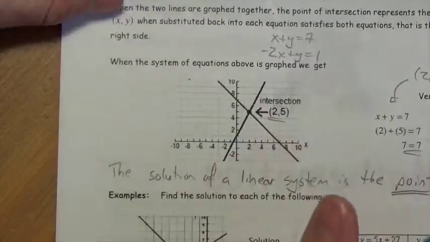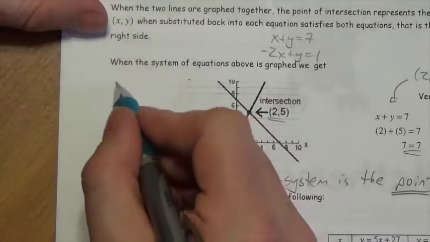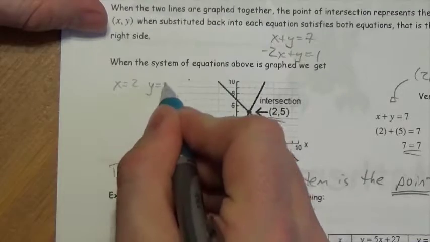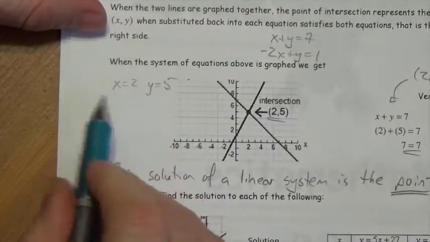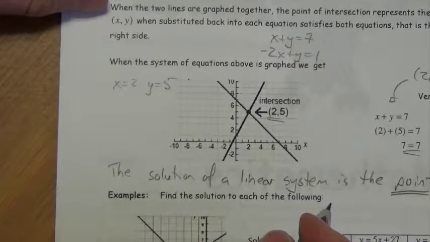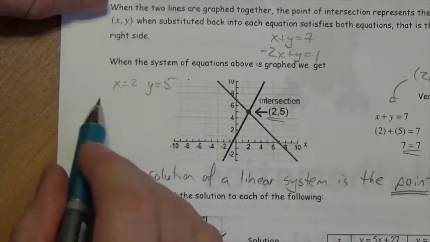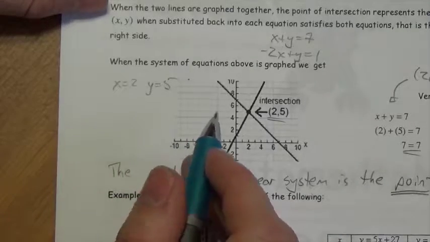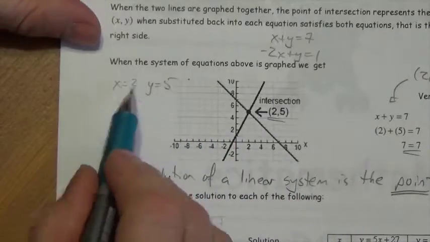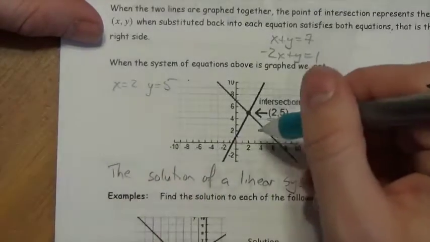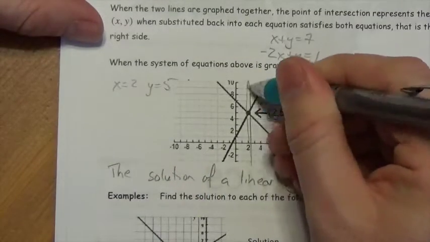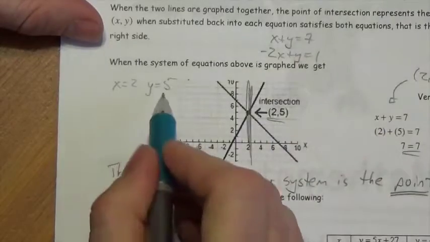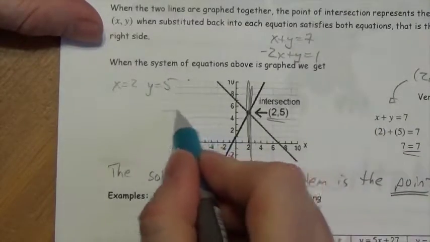Now, this is what I've seen people do in the past. I've seen people say, oh, x is equal to 2, y is equal to 5, and tell me that that's the solution to the system. Actually, that's not the solution to the system. The reason I say that is because x equal to 2 is a vertical line, and y equals 5 is a horizontal line.